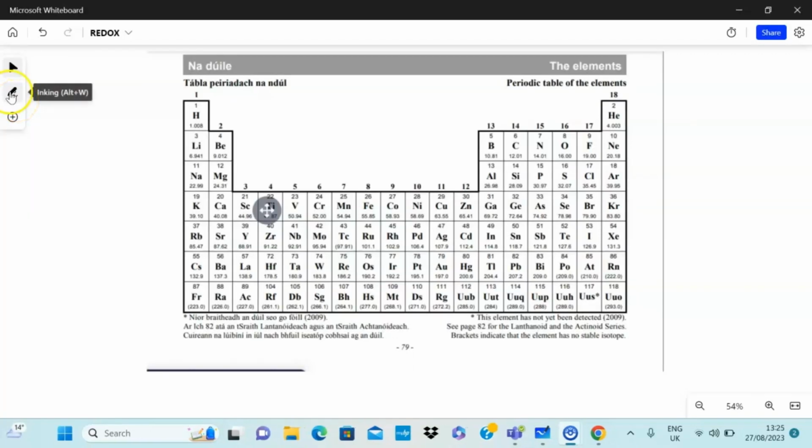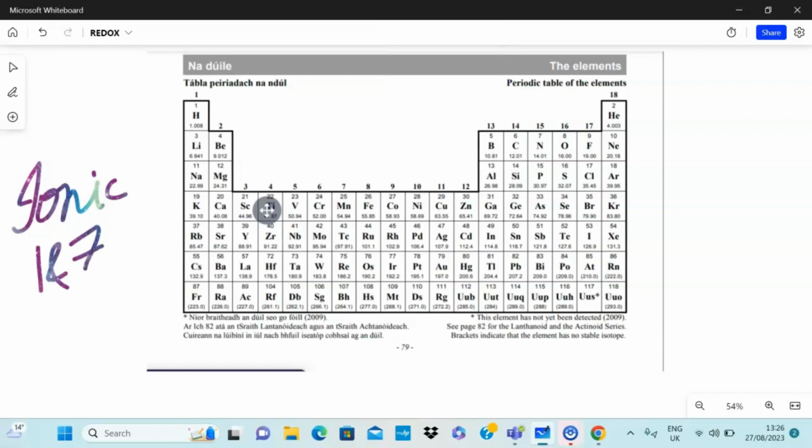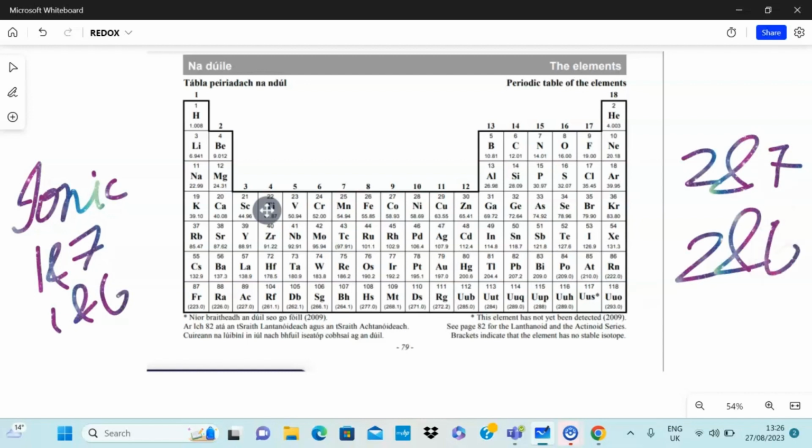Alright, so please ignore the little cursor that you have there. It's just screenshotted, sorry. So for ionic, my chemistry teacher gave me this. So that's what you call 1 and 7, 1 and 6, 2 and 7, 2 and 6. Now, what does that even mean?